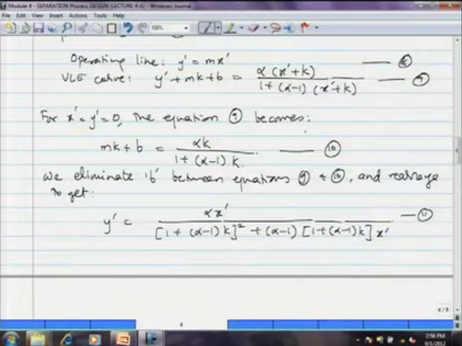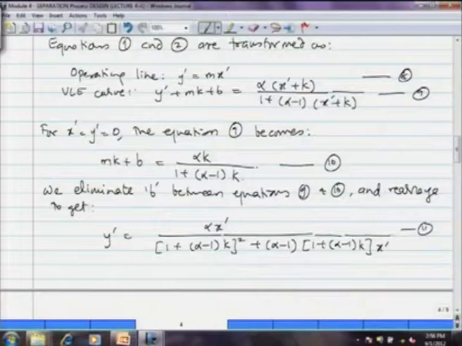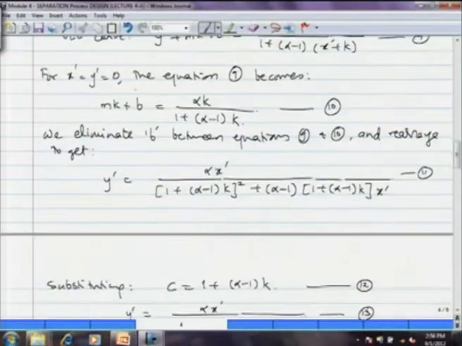And for x dash, y dash equal to 0, when we assume that particular point of intersection as the origin point, then equation 9, which is the VLE curve equation, becomes m k plus b is equal to alpha k divided by 1 plus alpha minus 1 into k.